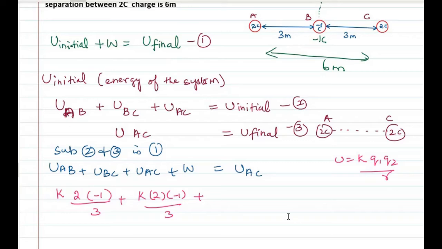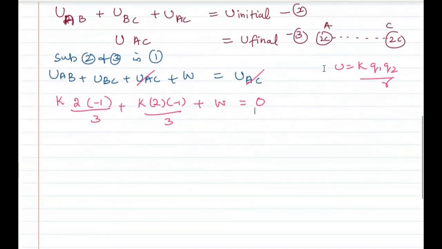Between A and C we can cancel both the things, right? UAC and UAC can cancel out, so plus W will be equal to 0. If you cancel this, UAC minus UAC will become 1 minus 1, so we get 0 here.